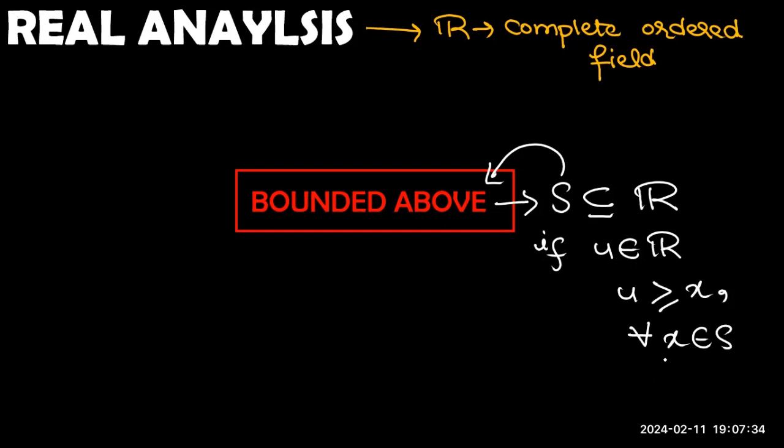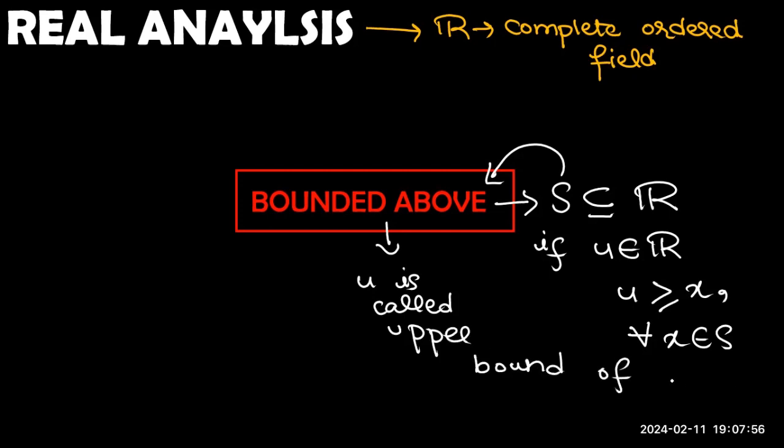It means I have found a real number which is greater than or equal to every element of S. So S is bounded above, and this U is called an upper bound of S.